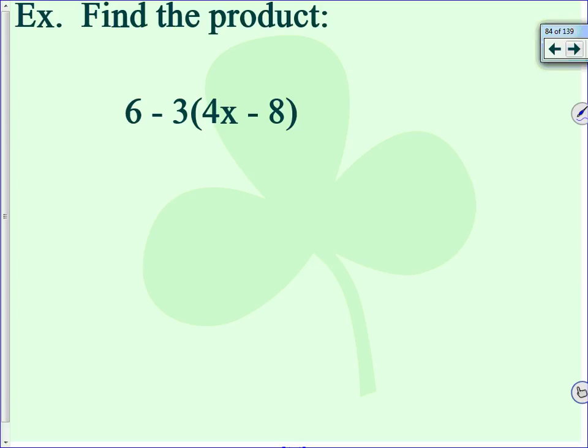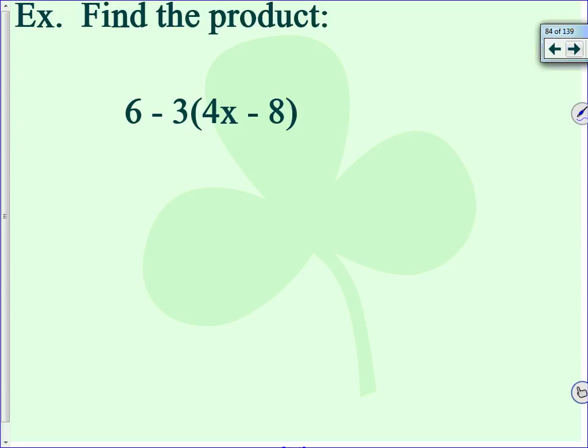So this is a commonly missed problem. DJ?